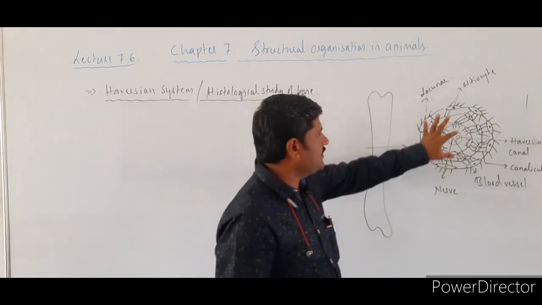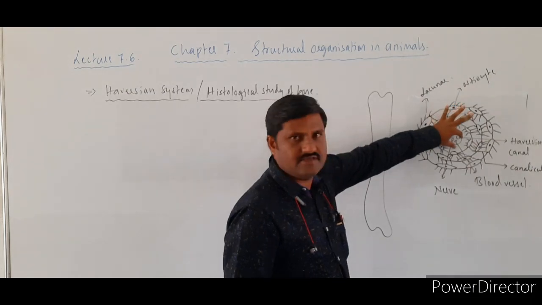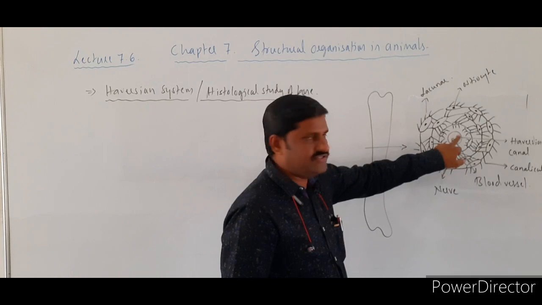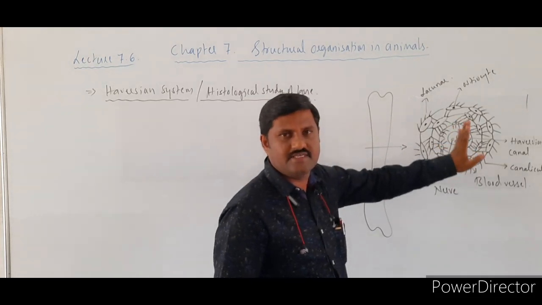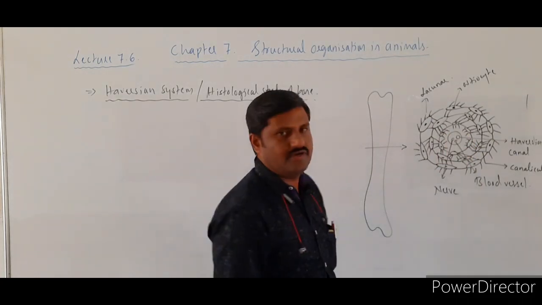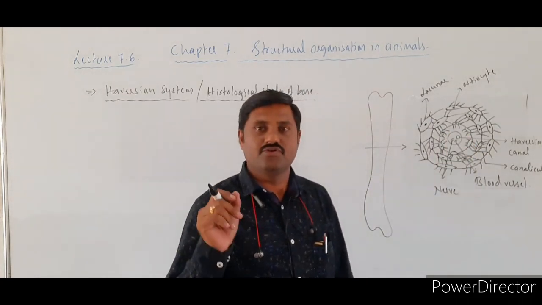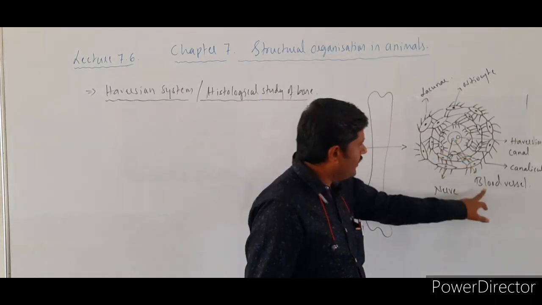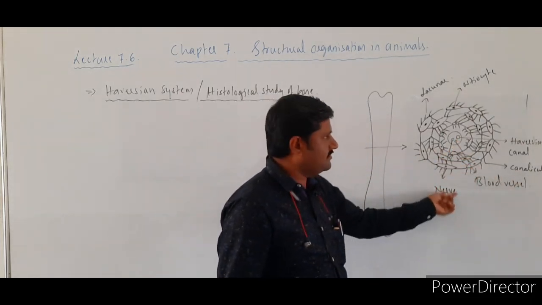See here, at the central axis of this Haversian system, there you see one canal-like structure that is called the Haversian canal. In the Haversian canal you will find blood vessels as well as nerves.